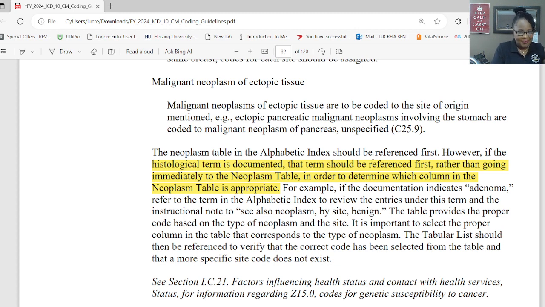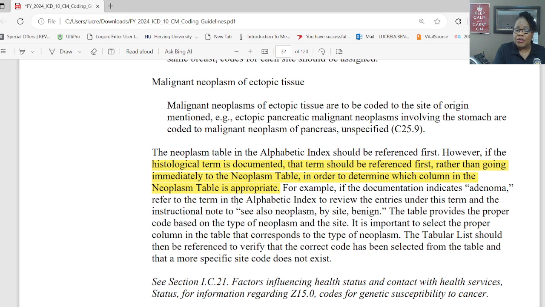However, going back to what I said earlier, if the histological term is documented, that term should be referenced first rather than going immediately to the neoplasm table in order to determine which column in the neoplasm table is appropriate. They said, for example, if the documentation indicates adenoma, is adenoma benign or malignant?